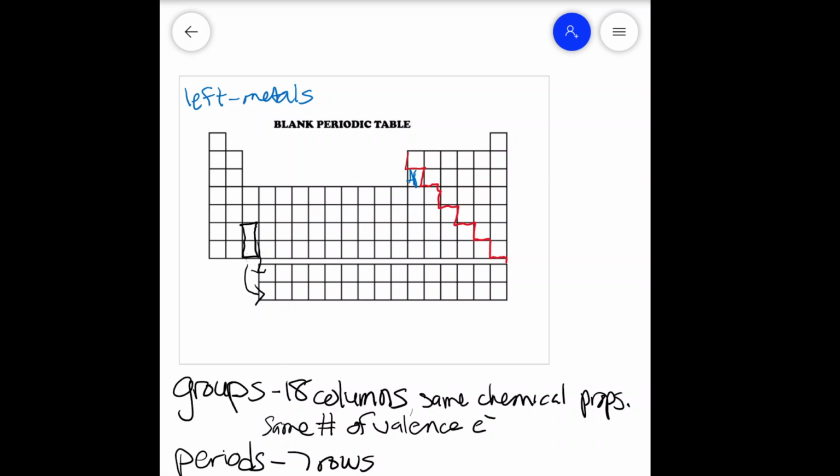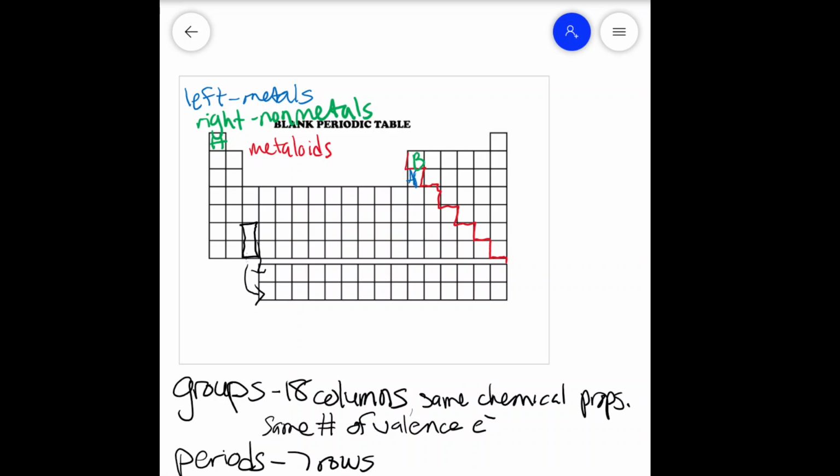To the right of the periodic table, including boron, also hydrogen, those are all nonmetals. And then touching the stair-step line, those are metalloids. And they kind of have properties of both metals and nonmetals. And this kind of makes sense when you think about it.